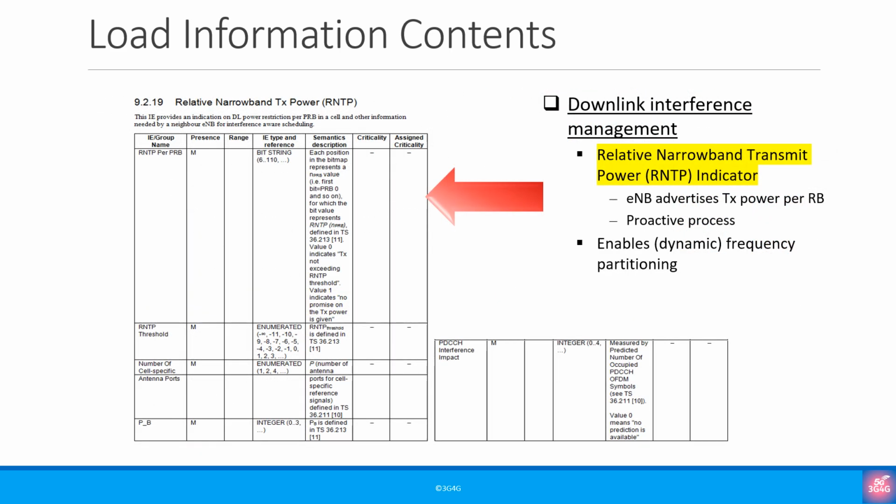For each resource block, the relative narrowband transmit power, or RNTP, indicates whether the transmission power of the resource block is greater than a certain threshold. Upon receiving this information, a neighboring cell may avoid scheduling on the resource blocks indicated as having a high power transmission.